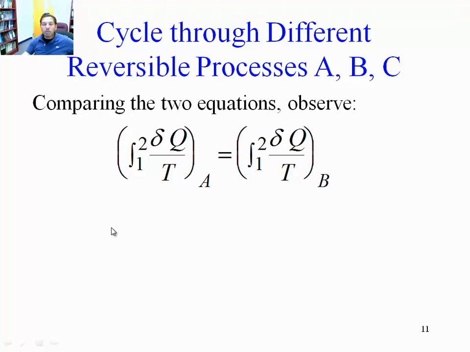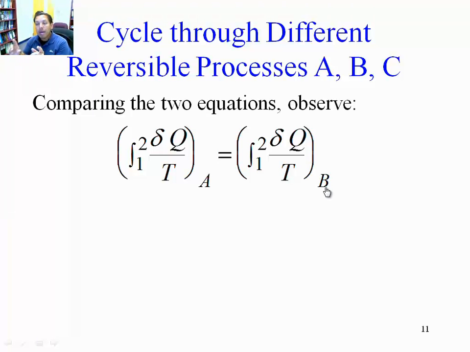If we compare the two equations, we can easily conclude that the integral from state 1 to state 2, which are the same states, through path A is equal to the integral from 1 to 2 through path B, as long as the two processes A and B are reversible.